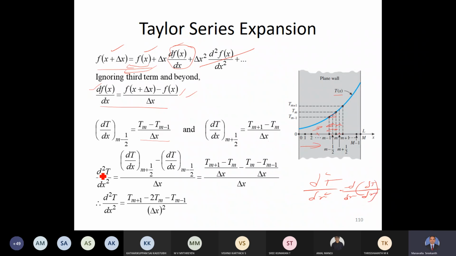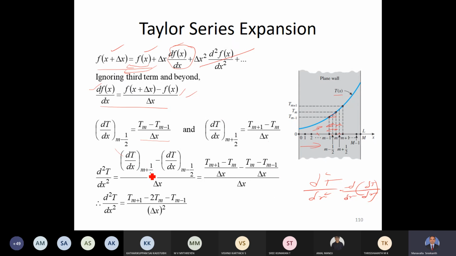So if I want to find d square T by dx square at a certain point m, then we have dT by dx at the point ahead and dT by dx at the point behind. At m plus 1 by 2, we have dT by dx, and at m minus 1 by 2, dT by dx, divided by delta x. Okay, so using this as the basis, we will write this once again.